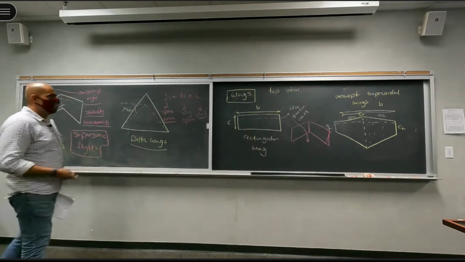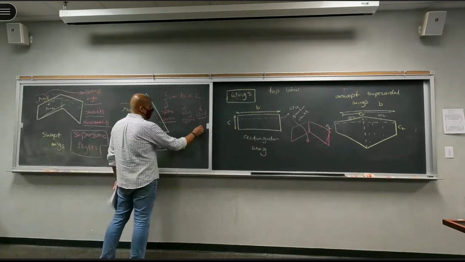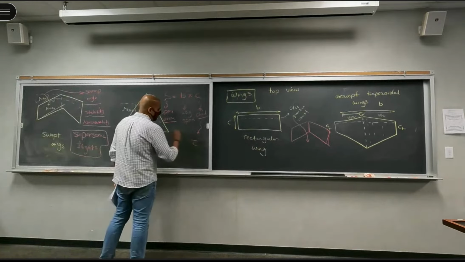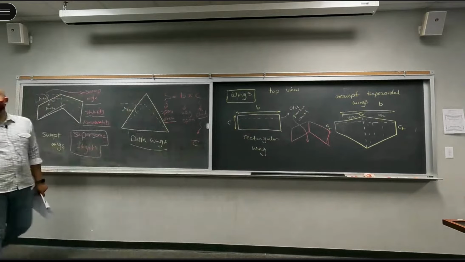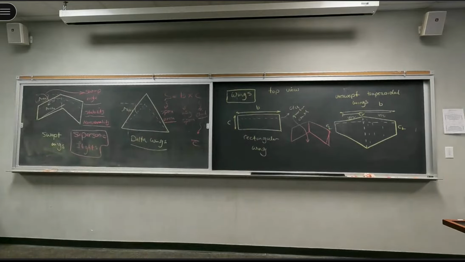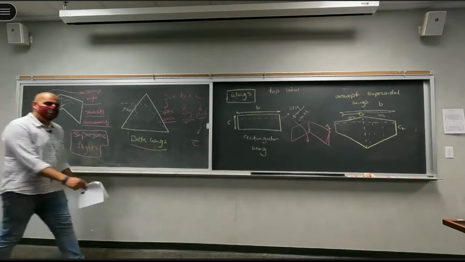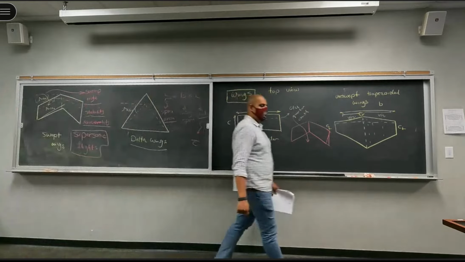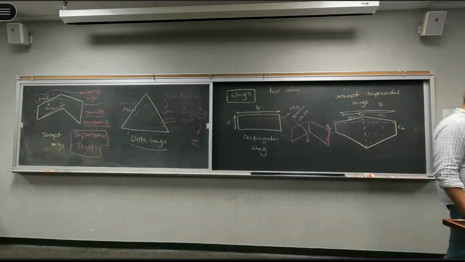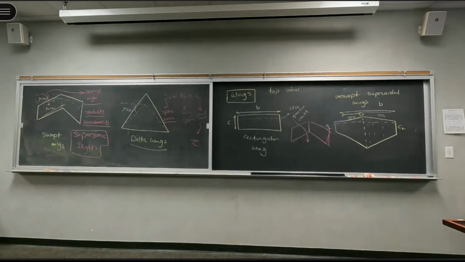But the other way, which is usually what is reported in the designs, is that they give you an average chord length, and then you calculate your span area based on that average chord length. And as long as you are consistent in your analysis, it will not affect the final bottom line of the design, right?